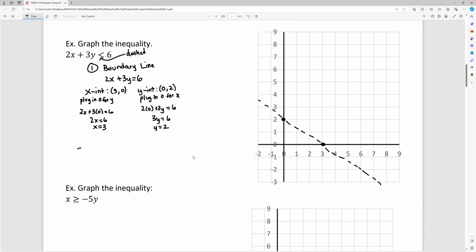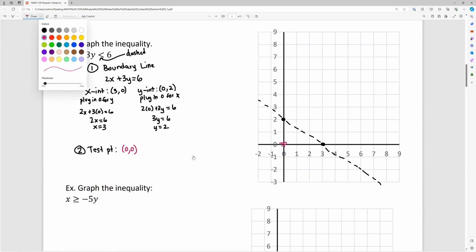Now, you're going to choose a test point. I usually write down what my test point is, but I also like to label it on my graph when I'm doing this by hand. So since 0, 0 is not on the boundary line, I can use that as my test point. And I'll just write TP as a note for test point. So we're going to plug that in to our inequality, the original inequality.